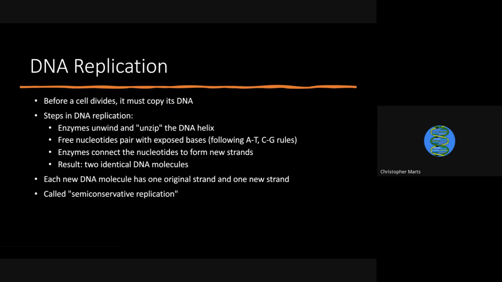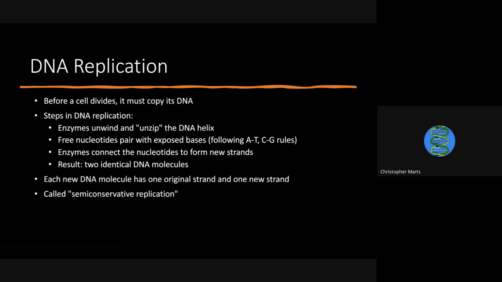After they're separated like that, nucleotides will be paired back up with them. So, an exposed adenine would get paired with a thymine nucleotide, or a cytosine would get paired with a guanine. So that when that DNA replication process is done, there's going to be two identical sets of DNA.